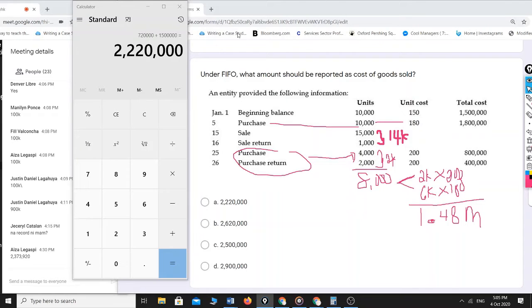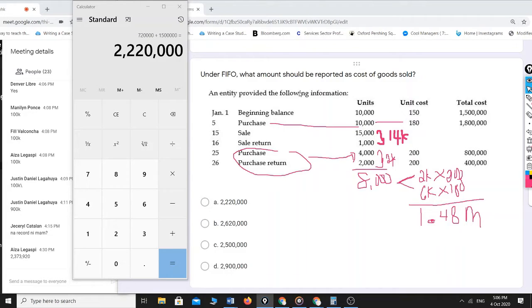So, actually guys, you can have a different approach, but I find this particular approach easier. Pero kung ganun mo follow tong formula nga beginning plus purchases minus purchase return minus ending balance is equal to cost of goods sold, pwede ra gyapon. Okay? Use still that format.